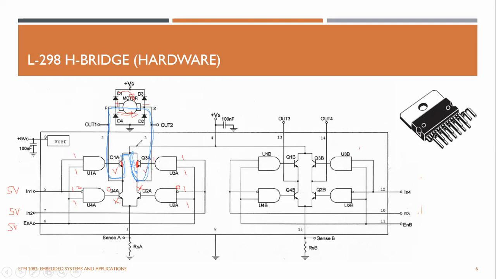Actually, it is going through this D3 diode, but for easiness of the explanation, I'm just repeating that diode here. So you can see the motor is just short circuited, and it is turned off in a fast manner.